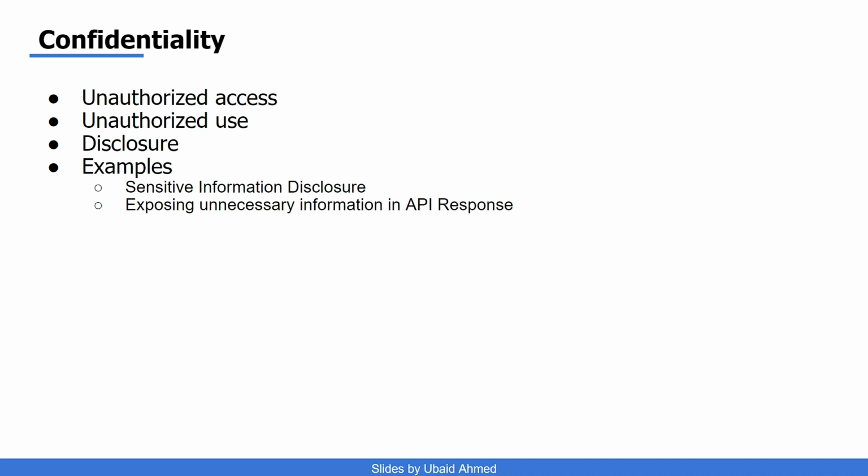However, when I checked the API request and response, in the API response they were actually disclosing the OTP which they were sending. So by exploiting this vulnerability, I could have logged into any user's account. So we should avoid exposing unnecessary information in API responses.